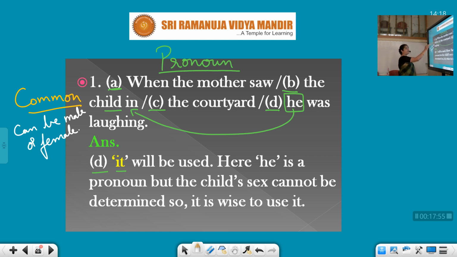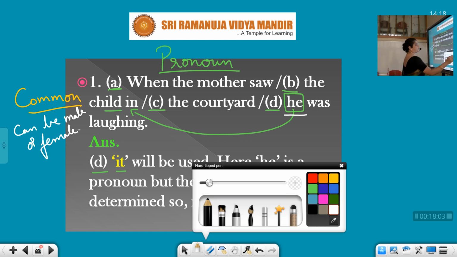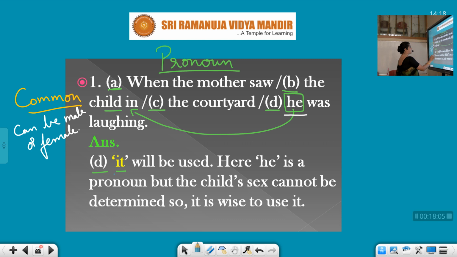So when you are not assured it is a masculine gender, how can you use he? So you are using it. Have you followed what I said? So that is the reason why you are using it. It will be used here. He is a pronoun, but the child's sex cannot be determined. So it is wise to use it.